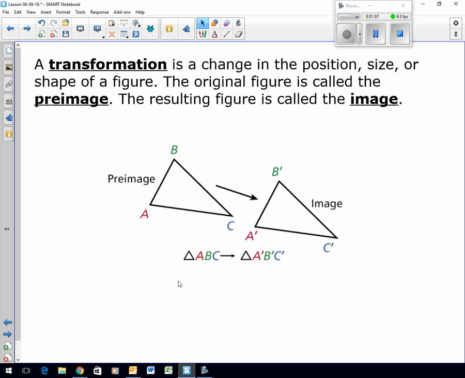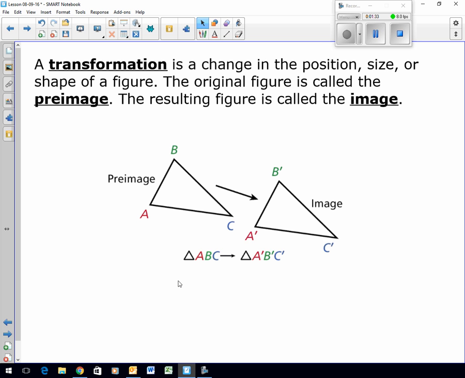You'll notice your pre-image includes the capital letters A, B, and C. And then there's a big arrow. We call that arrow notation. And then it says A apostrophe, B apostrophe, C apostrophe on the image. We call that A prime, B prime, and C prime.